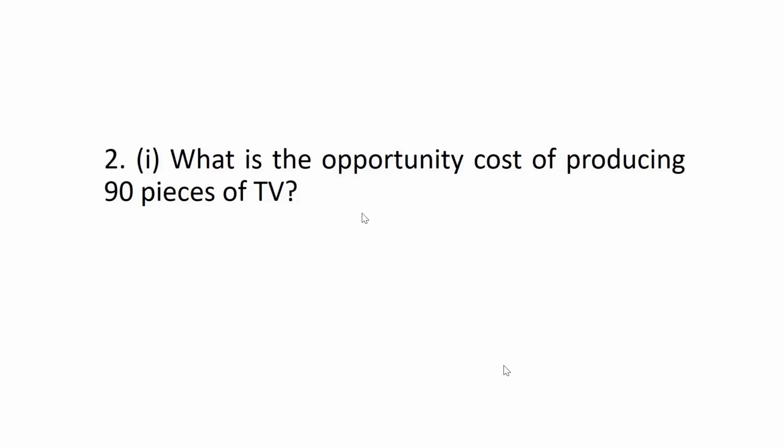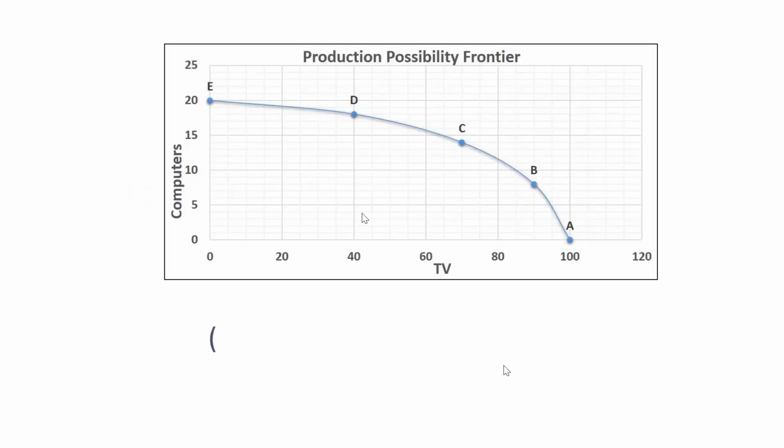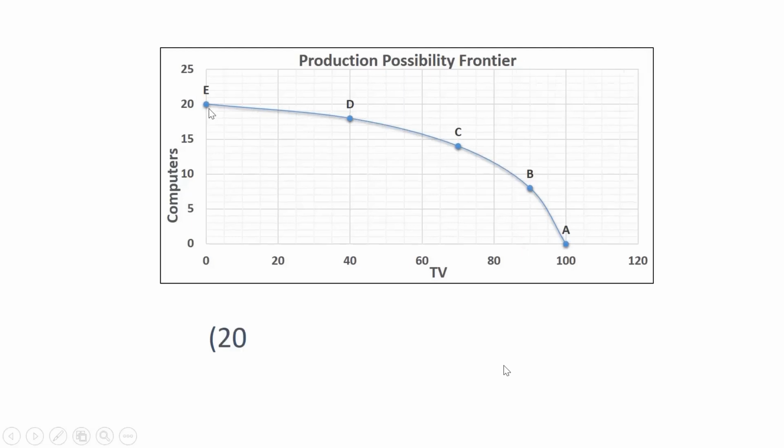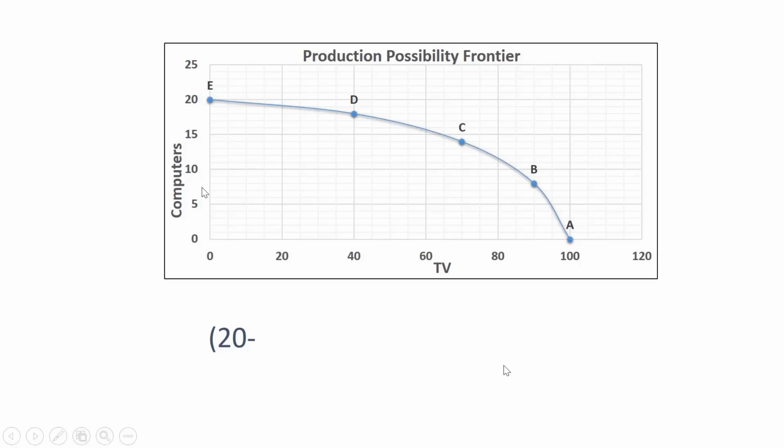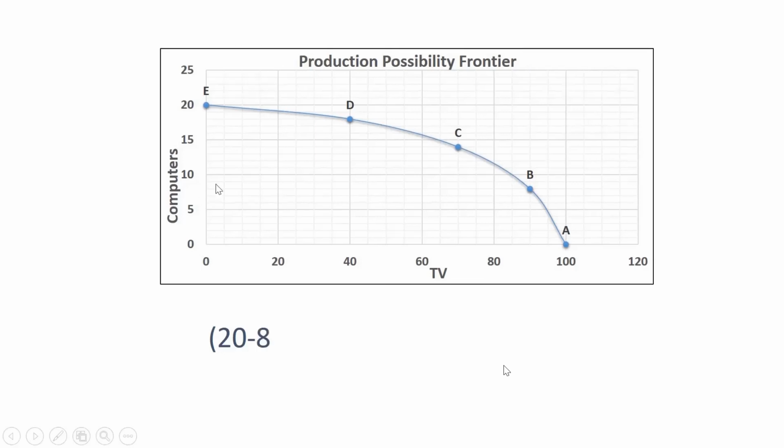In question 2, we are producing 90 pieces of TV. So what is the associated opportunity cost? Alright. Without producing any TV, we can produce as many as 20 computers. By deciding to produce 90 TV sets, we can produce only 8 computers.